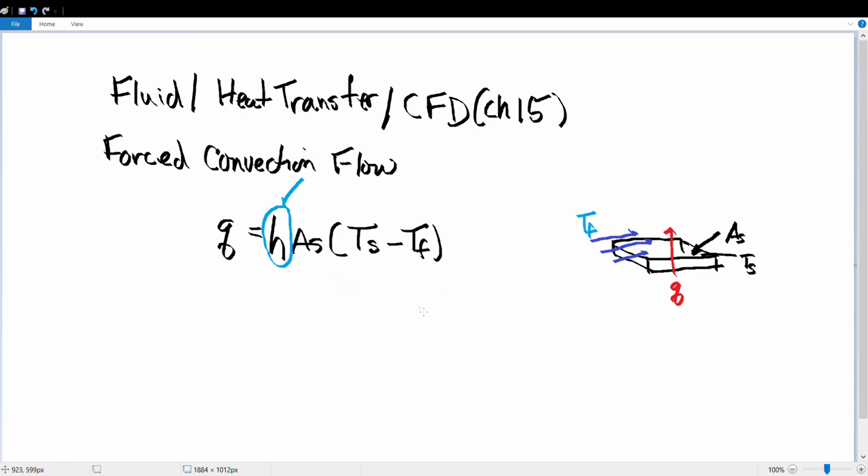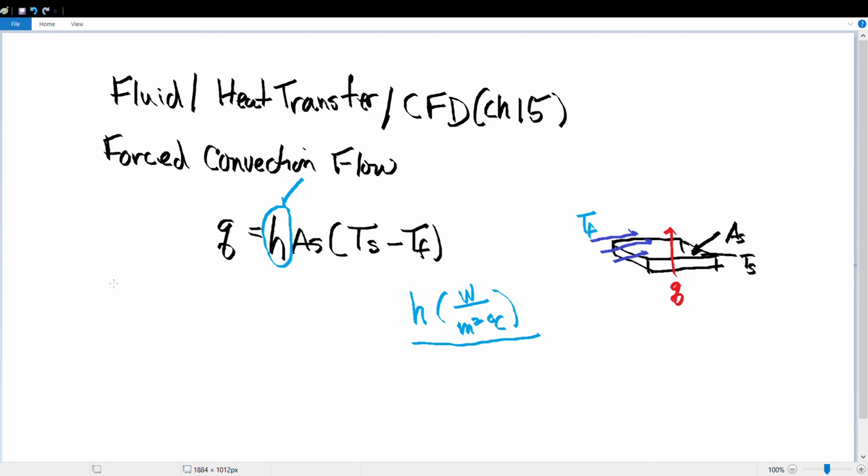So what I like to tell the students is, for a general rule of thumb, the heat transfer coefficient is H, and the units, if we're in SI units, are watts per meter squared degrees C or Kelvin, doesn't matter which one. So we're going to underline that. Right.